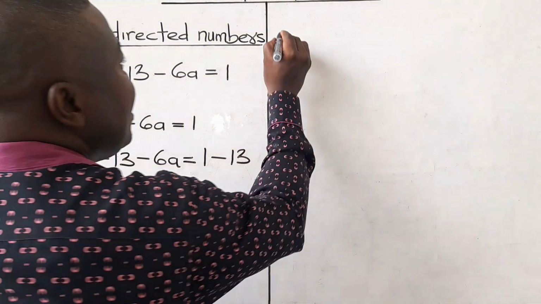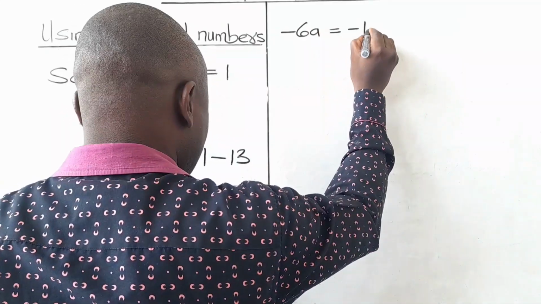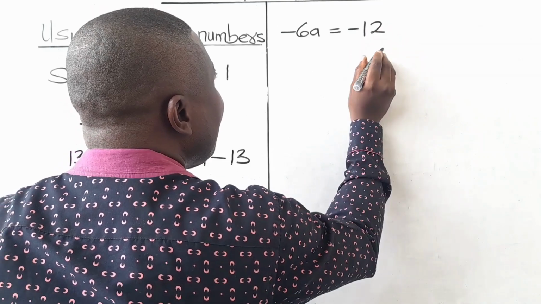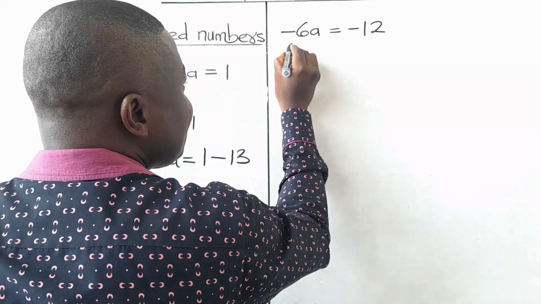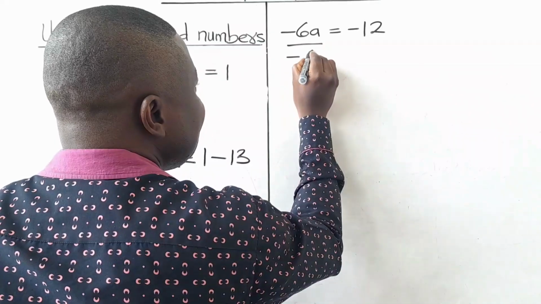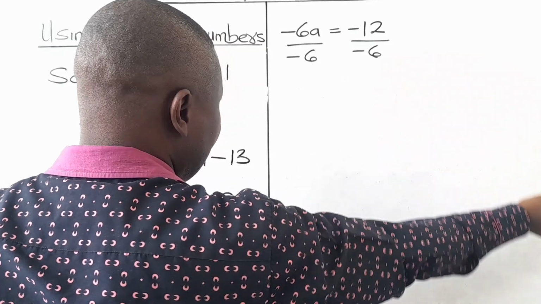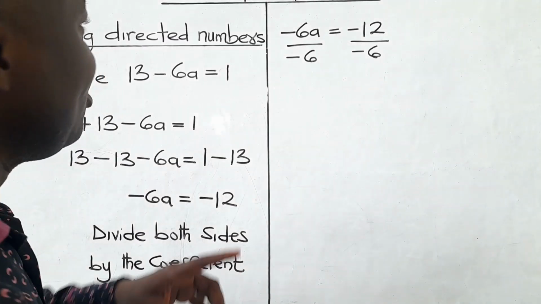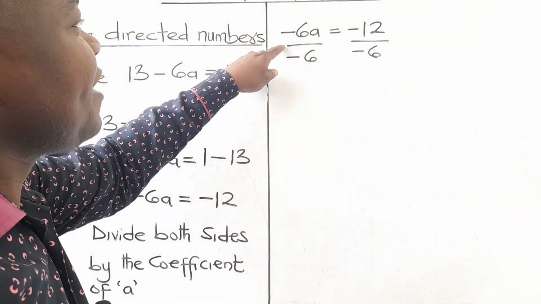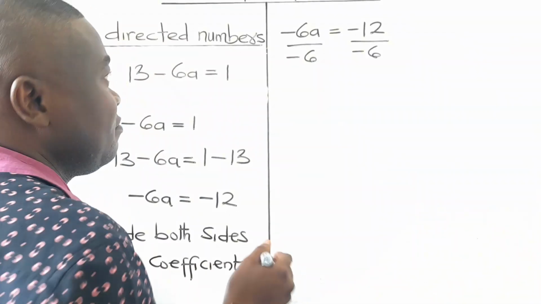So you have negative 6a equal to negative 12. So the coefficient of a is negative 6. So you divide by negative 6 and also divide by negative 6 on the right hand side. Now look at this, directed numbers. Negative divided by negative is positive.